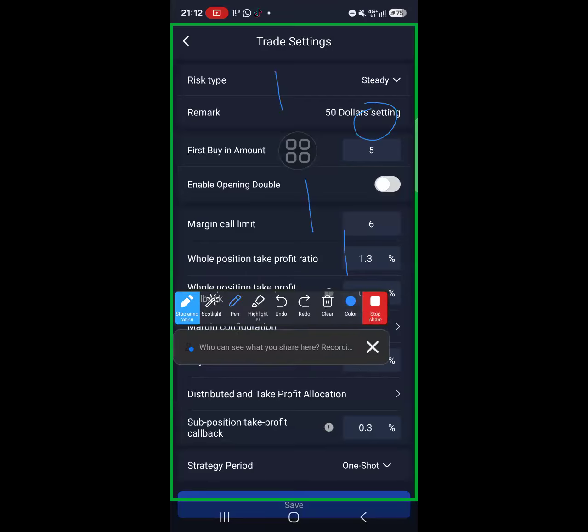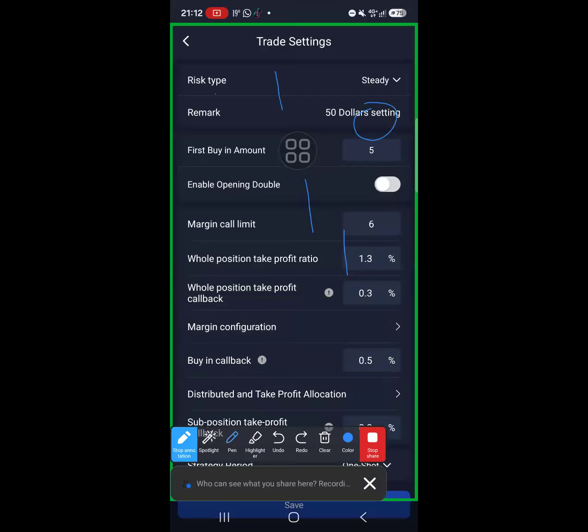So it is going to buy 6 times because we are having 6 margin calls. So 6 times 5, it means we are having 30. And we are having a balance of $10. That is according to our choice. We still want to have a balance. If we want to use all of it, then we are going to adjust our settings.